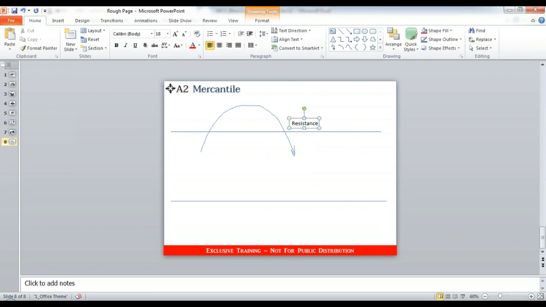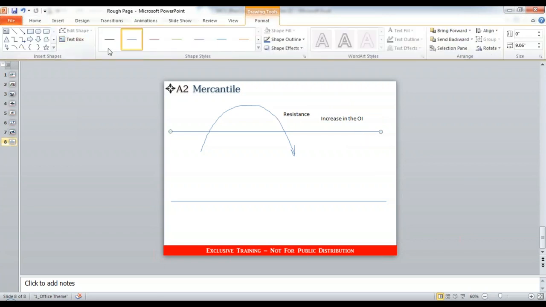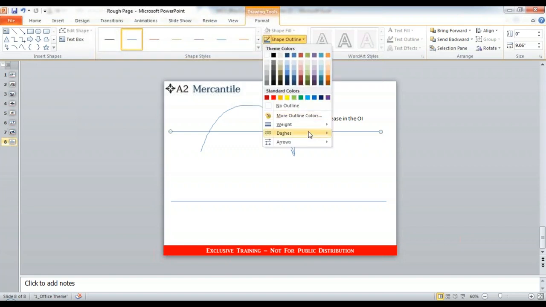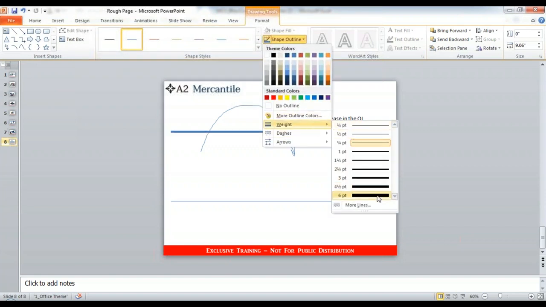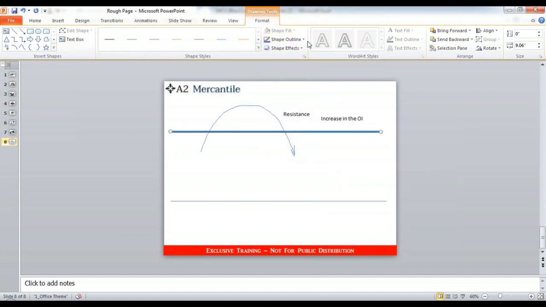Now, if this resistance formation is supported by an increase in open interest, then you can consider this to be a strong resistance. Correct? So this resistance gets stronger.